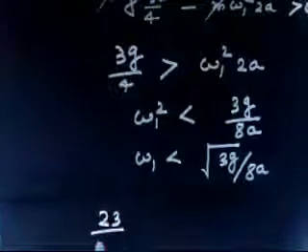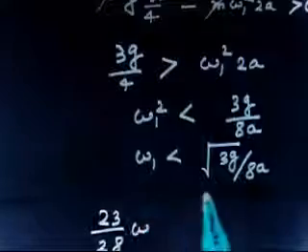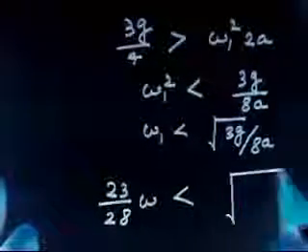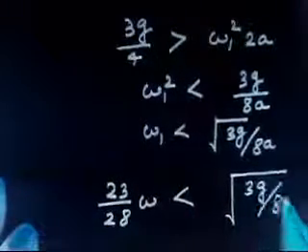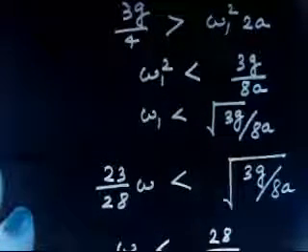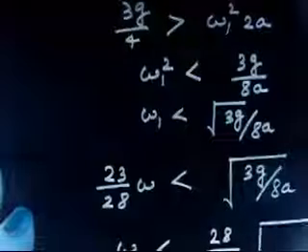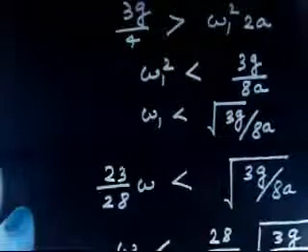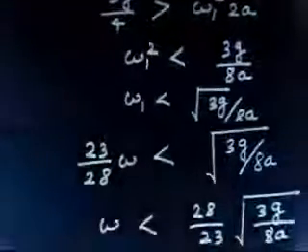So if I plug that value, omega 1 is 23 by 28 omega, should be less than under root 3g by 8a. So this omega should be less than 28 by 23 under root 3g by 8a, and this 28 goes inside.